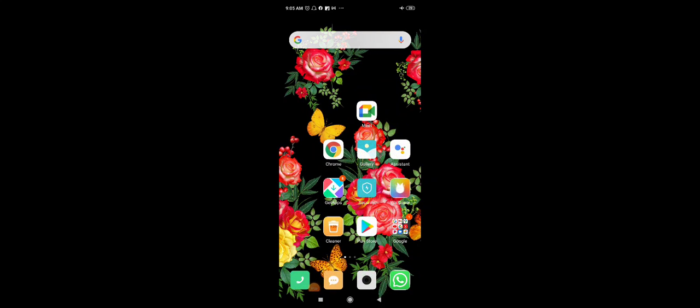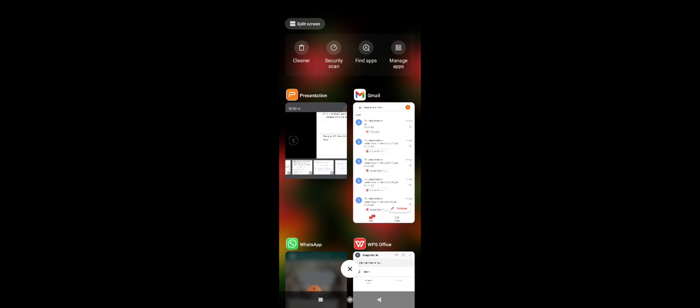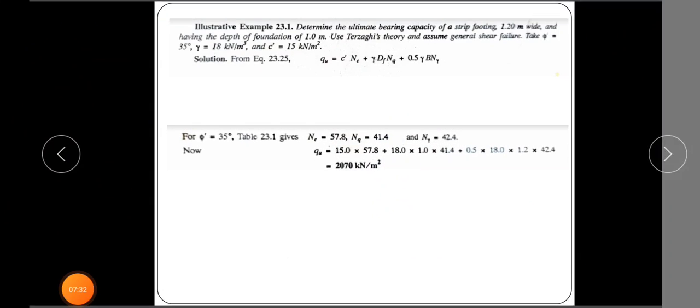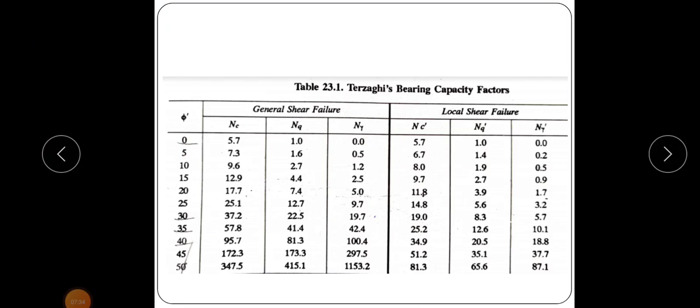The values are clear from this table, that for phi equal to 35 degree, these are the values of N C, N q and N gamma.